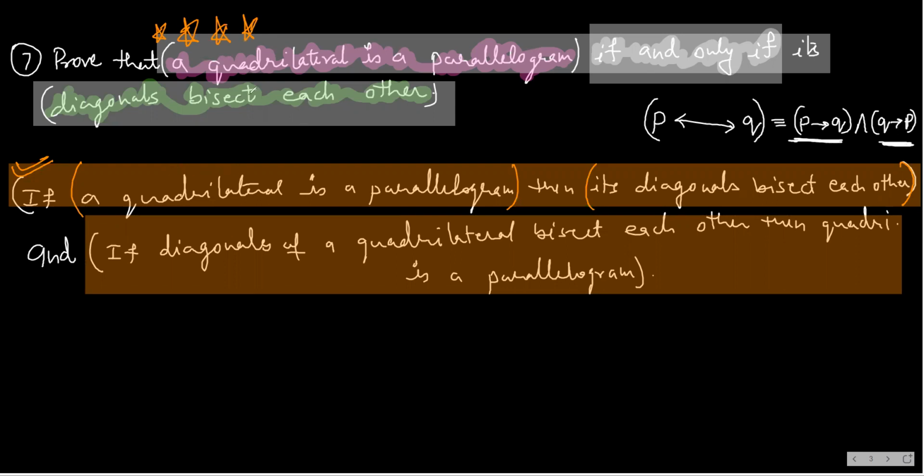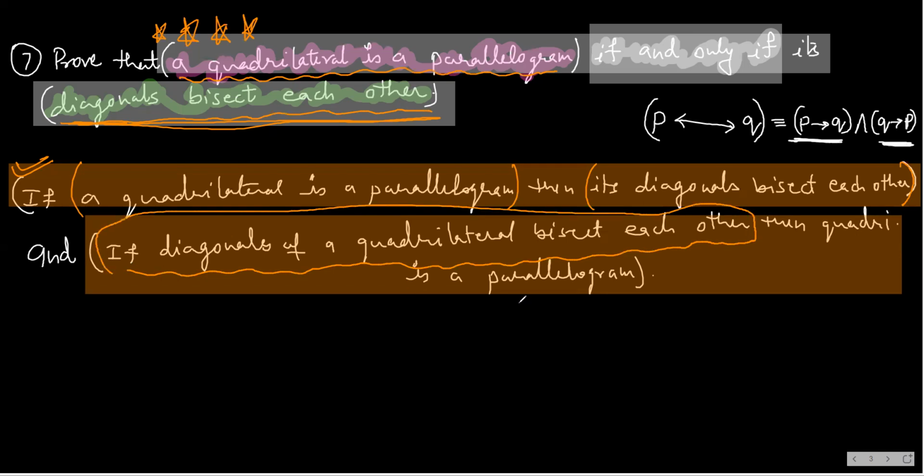The first: you have the quadrilateral as a parallelogram, and you prove that its diagonals bisect each other. The next: you have as data that the quadrilateral has its diagonals bisecting each other, and you prove that the quadrilateral is a parallelogram.